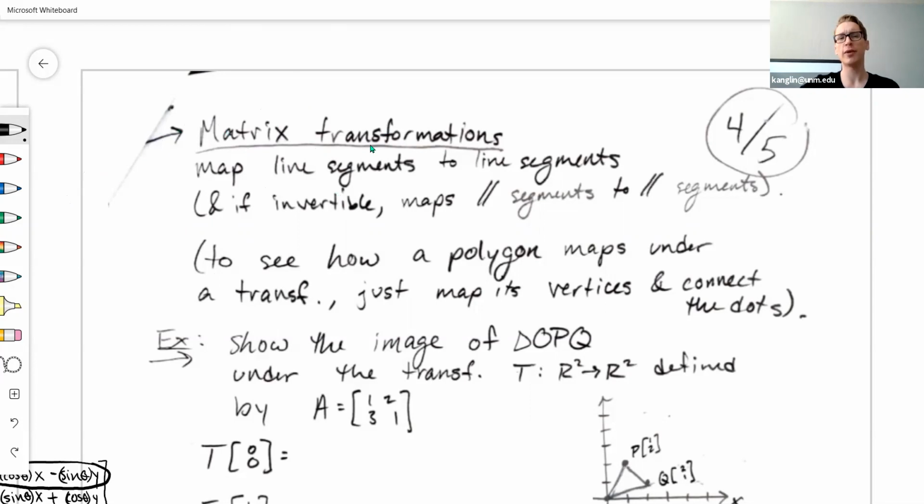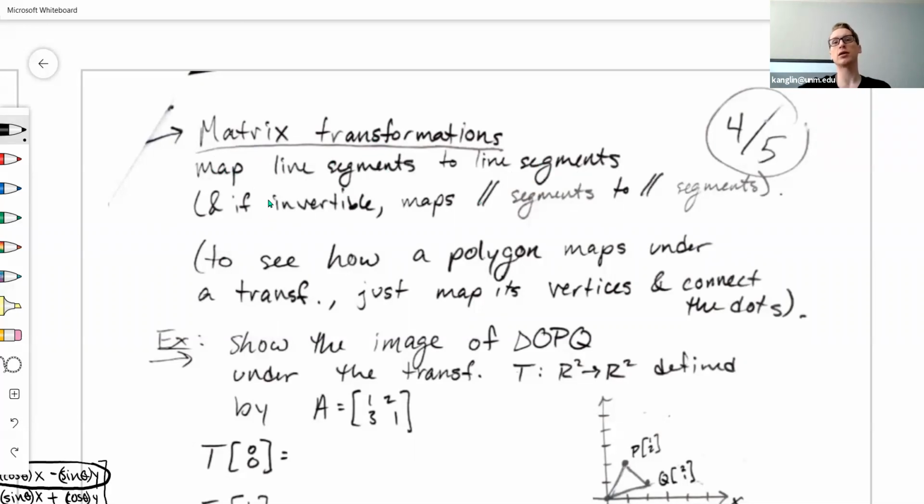What is it about a transformation that can be written as a matrix multiplication that makes it special? Well, here's some facts. Matrix transformations map line segments in the domain to other line segments in the codomain. If I take a segment of points in the domain and map each one over to the codomain, the images will form another segment, potentially of a different length or in a different position, but it will map line segments to line segments.